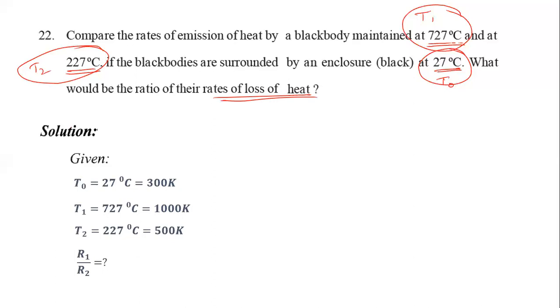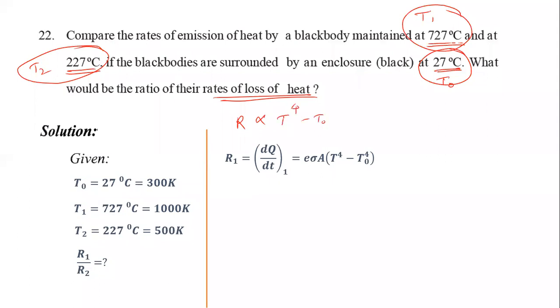Now here we have to use Stefan's law. Rate of loss of heat is directly proportional to the fourth power of temperature. But here the body is placed in a lower temperature surrounding, so that time the formula we can write: R proportional to T raised to 4 minus T0 raised to 4.